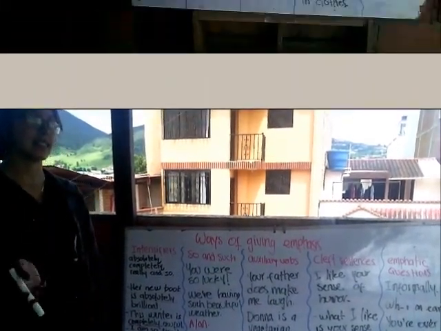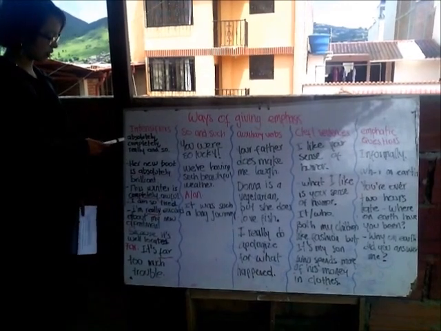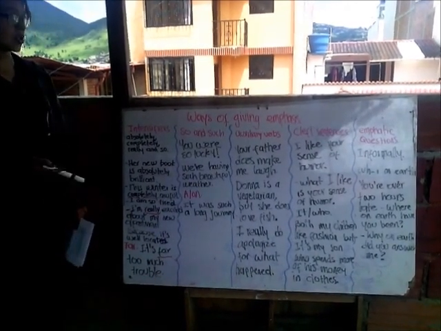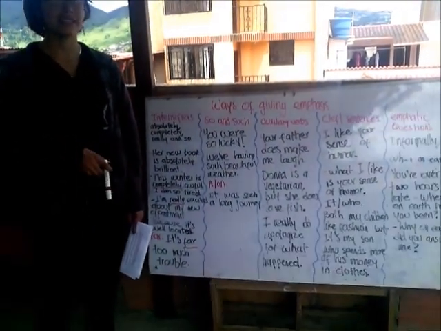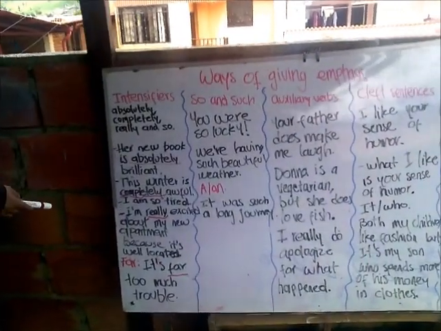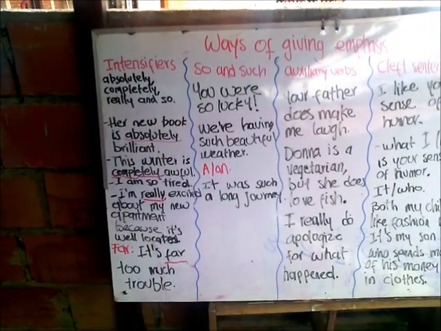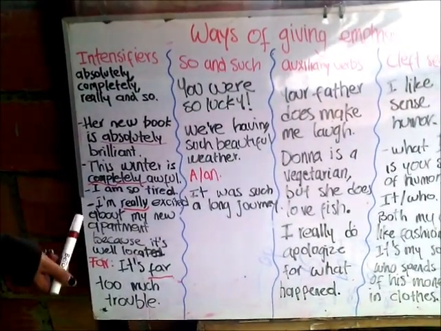Okay, let's start with the intensifiers such as absolutely, completely, really. We use these words to add emphasis to adjectives. For example, her new book is absolutely brilliant. And also, this winter is completely awful.